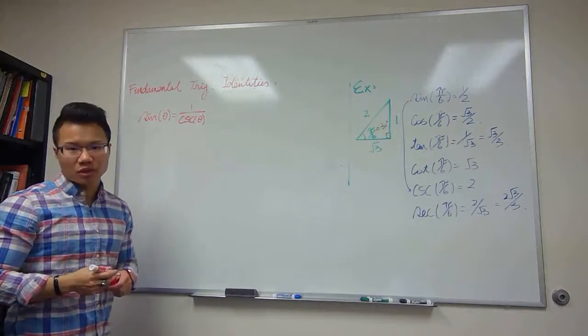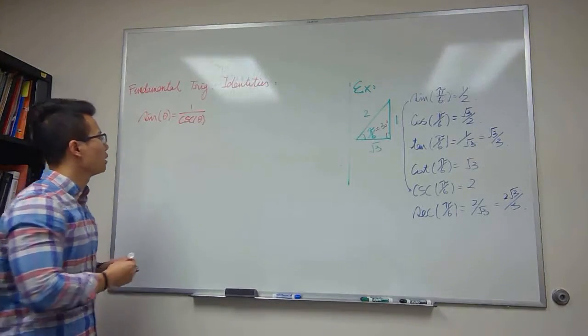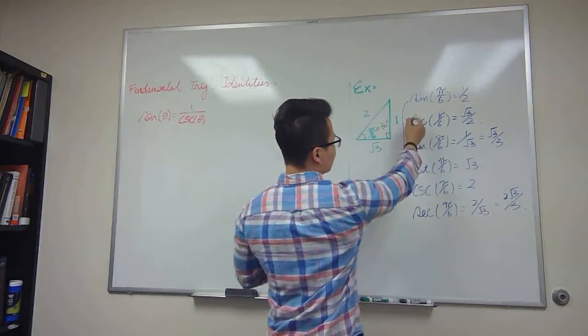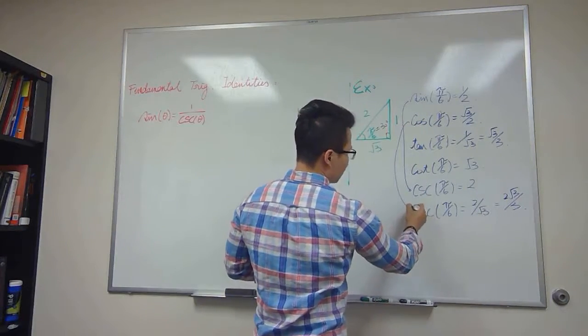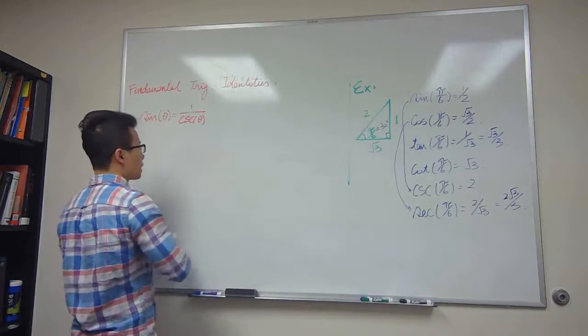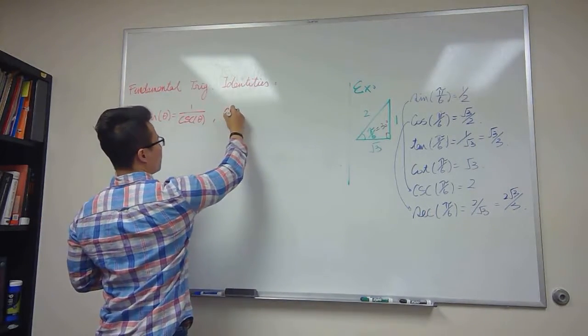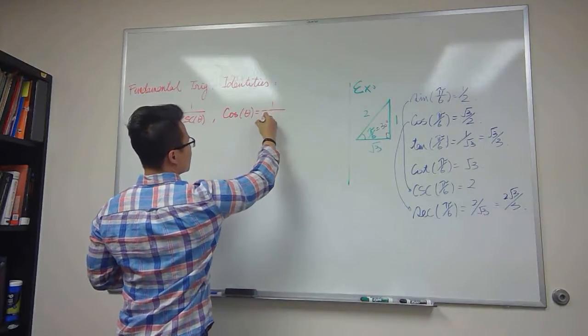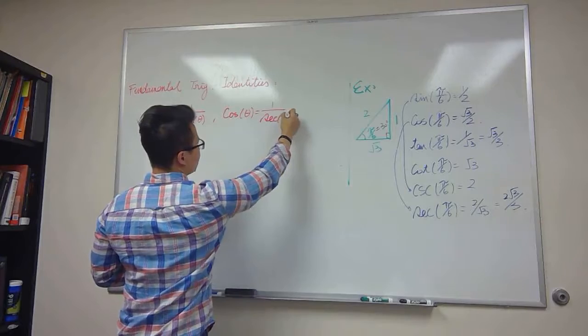They are the reciprocal of each other. Okay. At the same time, if you take a look at cosine and secant, they are also the reciprocal of each other, and that gives us the second one, cosine of theta equals 1 over secant of theta.